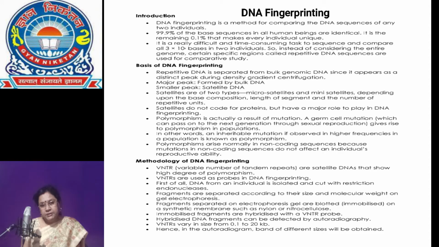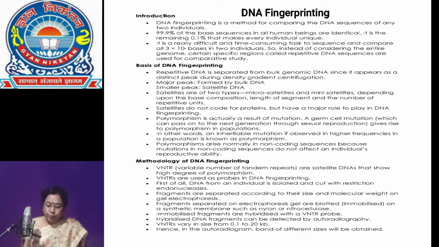Now let us discuss the methods of the DNA fingerprinting technique. In this process, first, the DNA is isolated and extracted from any cell or tissue by the centrifugation method.